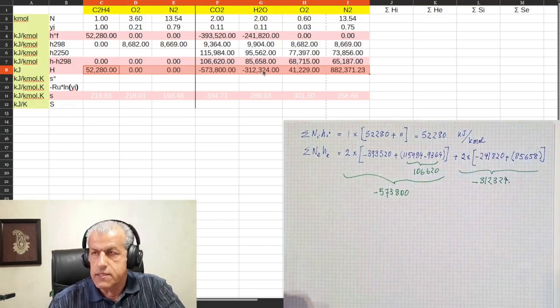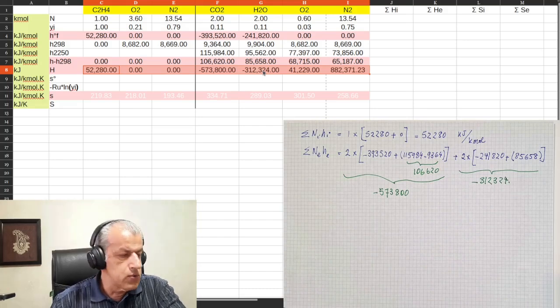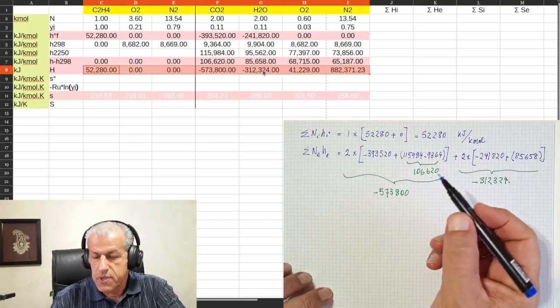And let's do the same for the other two terms, which would be pretty simple.